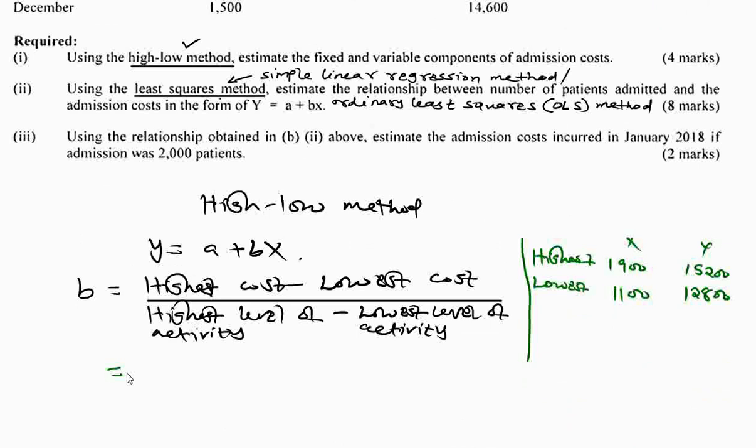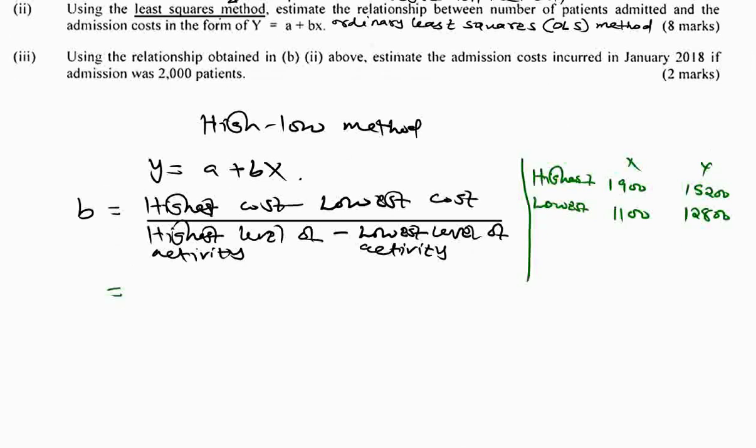Now we can determine the value of b, which is highest cost, cost is shown by Y, so that is 15,200 minus 12,800 divided by 1,900 minus 1,100. Let's see how much that gives us.